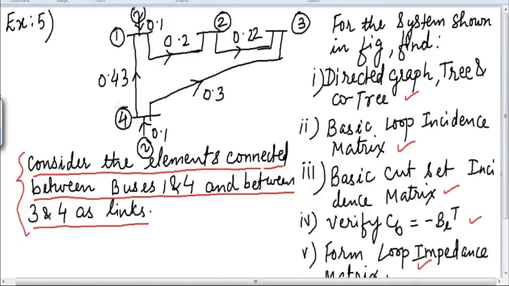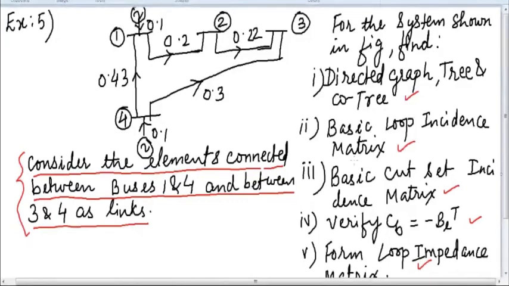Yes, please reply fast. Which are the buses where the generator is present? Okay, only one, because there are 2 generators here. You can see here there are 2 generators connected. Yes, 1 and 4. So buses 1 and 4 are having generators.